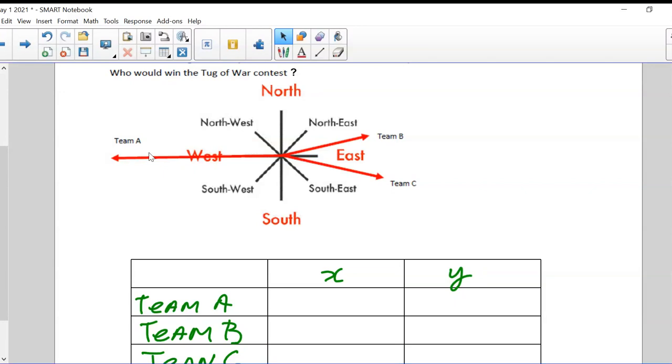Can anybody give me what team A's coordinates are going to be? What would the coordinates be for team A? I want you to think about that now. Think about how we did this yesterday. Think about where the tip is of the team A vector, where I'm pointing to right now. What would the coordinates of that tip be?